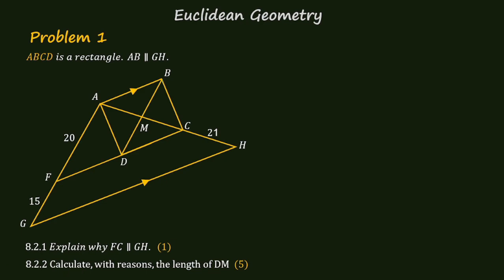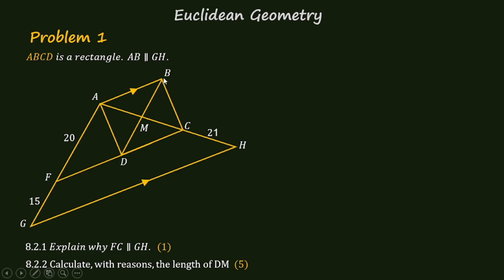Also, the diagonals of a rectangle bisect each other. So that means AM equals MC, DM equals MB. So M is the midpoint of AC, and it is also the midpoint of DB.